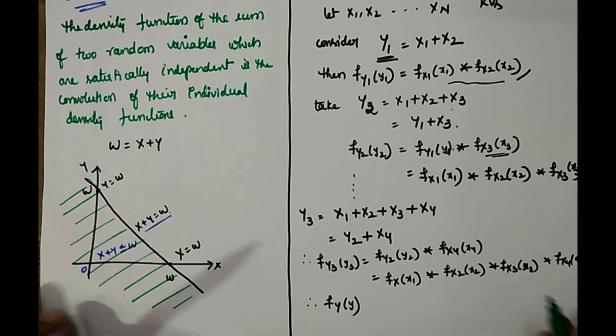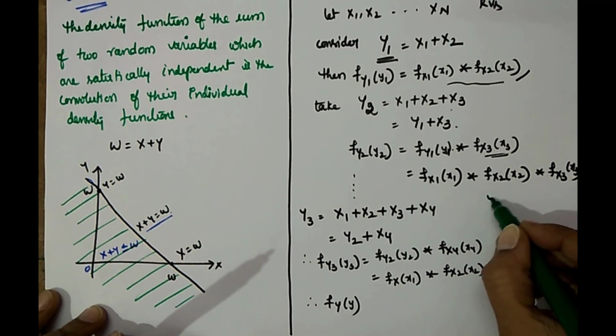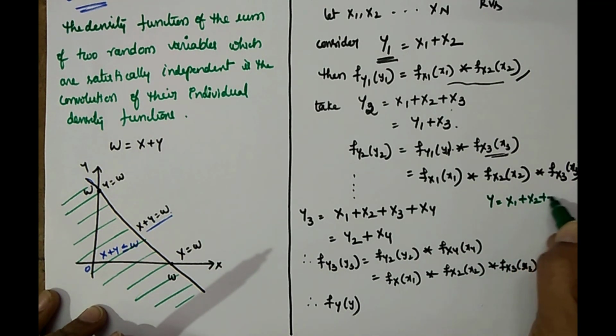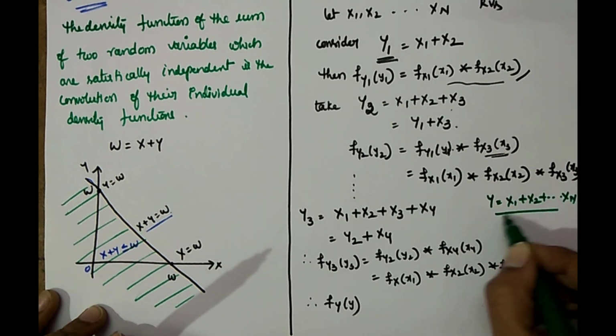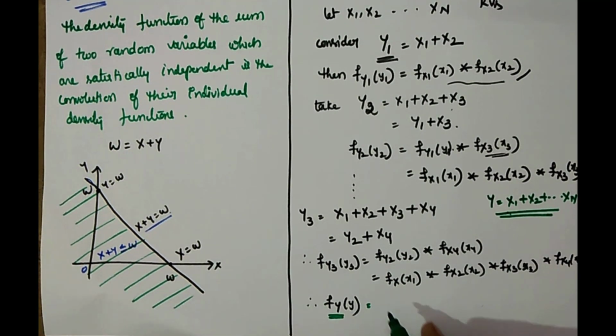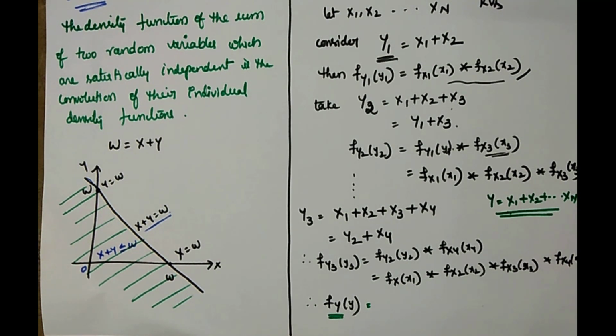Means take Y as x1 plus x2 plus etc. plus xn. For this, what is the density function? It is the convolution of the individual density functions of the random variables xn.